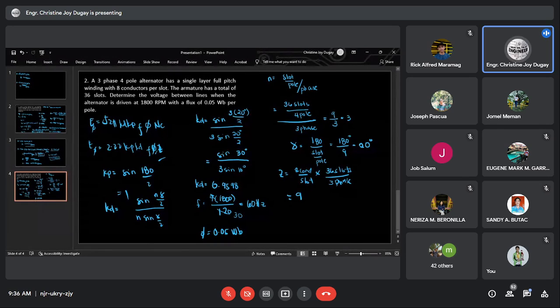Substitution. Ano ngayon ang determine the voltage between lines? So, line naman, no? Pwede na siguro nating i-diretso. E-line po natin is square root of 3 ng E-phase. Ano pong formula ng E-phase natin? That is 2.22, Kp natin, that is 1. Kd natin is, ilan ang Kd natin? 0.9598. And frequency natin, which is 60. And then flux natin, which is 0.05.